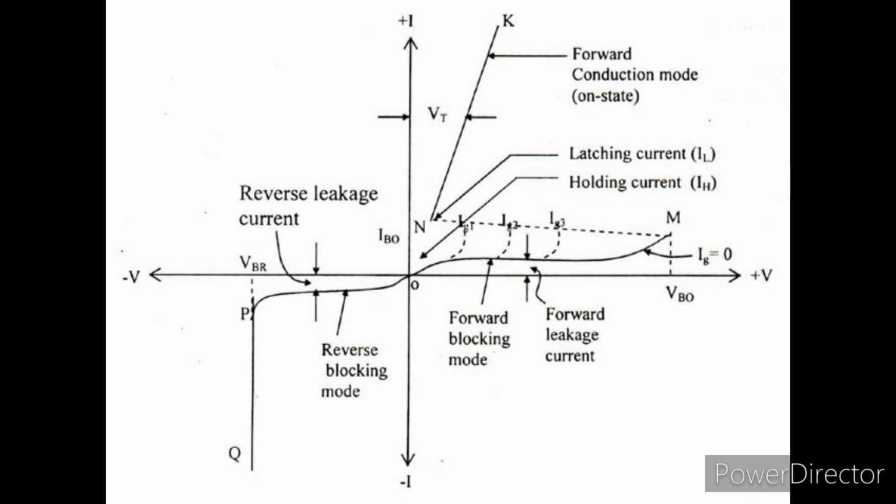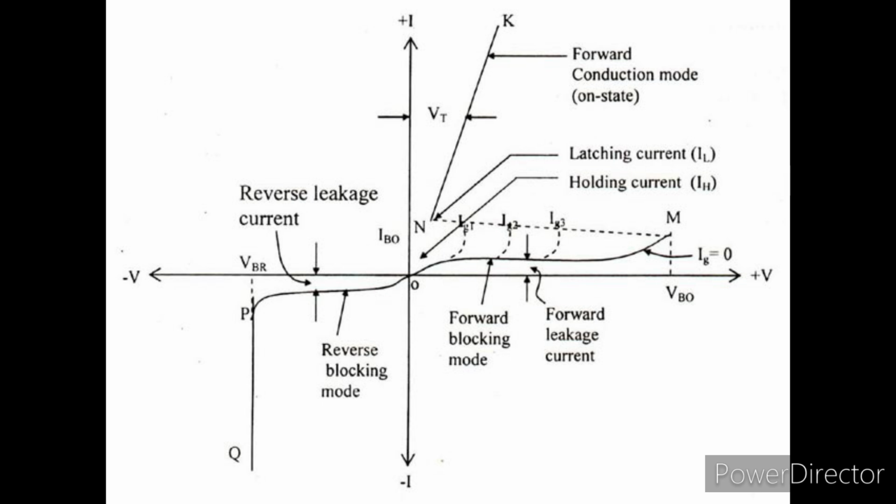Now, when the anode is made more positive with respect to the cathode, with the gate switch open, then junctions J1 and J3 get forward biased and J2 gets reverse biased. So at junctions J1 and J3, a small current flows, which is called the forward leakage current. But we know that this forward leakage current is very small and it is not enough to trigger the SCR.